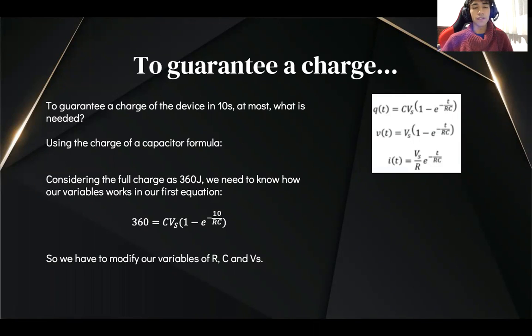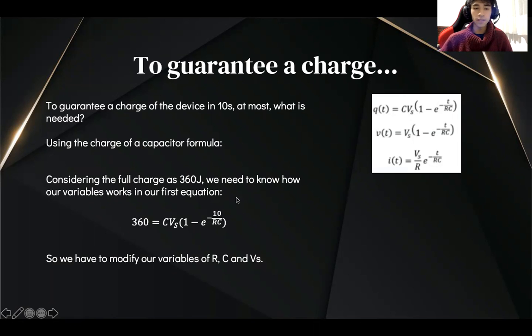Using the charge of a capacitor formula, which is this one, and considering that we have the full charge at 360 joules, we need to know how these variables will work in the first equation.